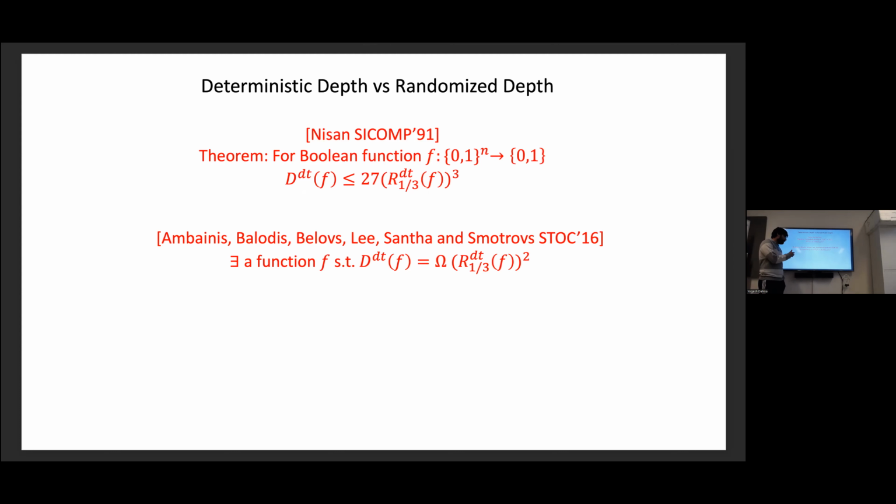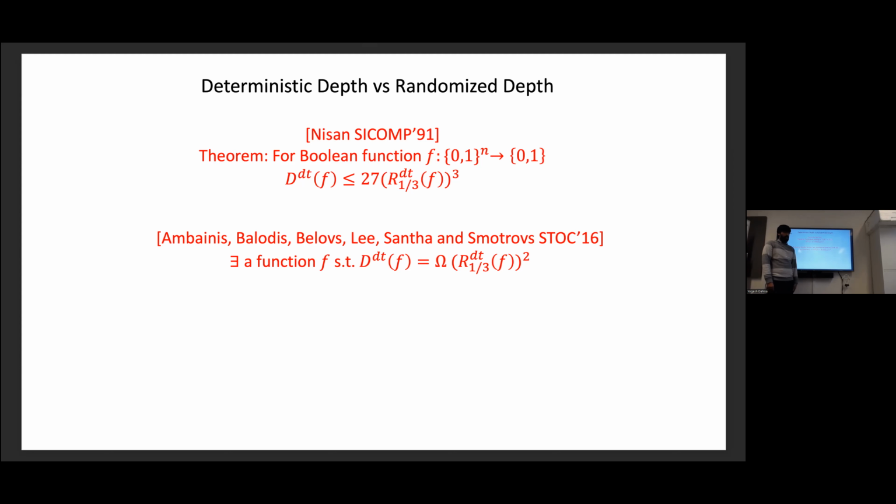And very recently, Ambainis, Balodis, and others showed a function where the separation was at least quadratic. So the function's deterministic depth complexity is at least its randomized depth complexity to the power 2. So this 3 in the relation cannot be brought down below 2.